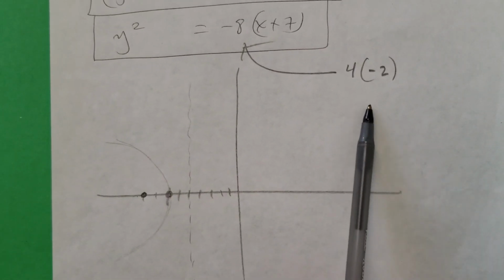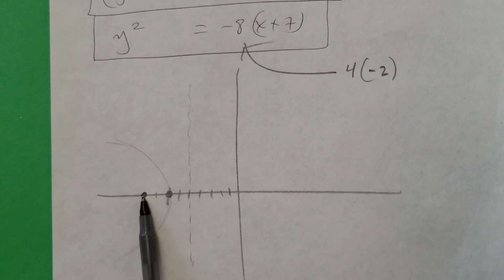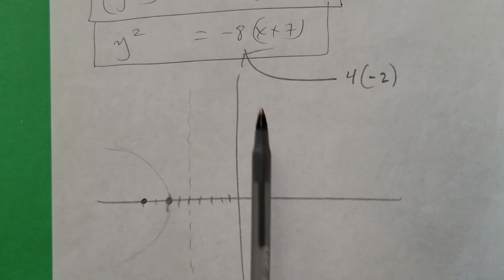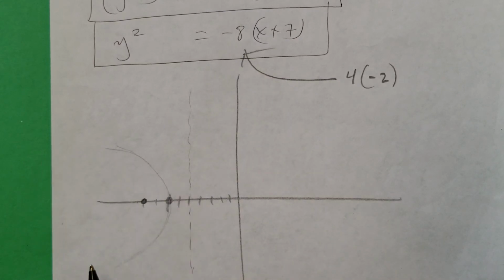And I go 2 more to the left. And that's my focus. Another way to look at it is because your P number is negative, it's going to open to the left. So your focus is 2 in, your directrix is 2 out, and your line of symmetry will be the axis.